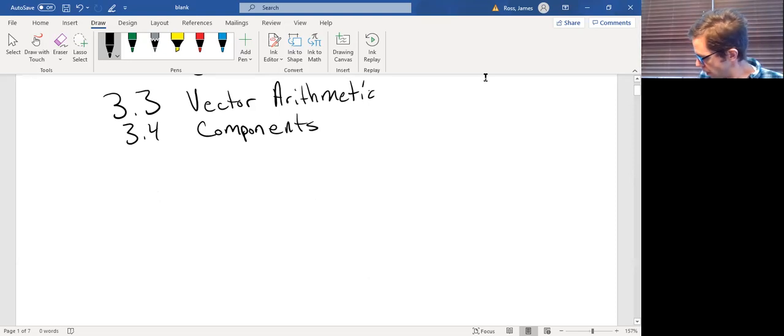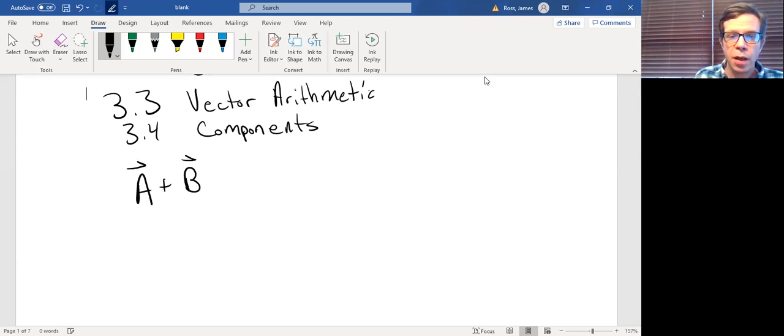So if we want to look at vector arithmetic, we can approach this very algebraically. If I have a vector A and a vector B, what does it mean to add two vectors? A vector is just a length and a direction.